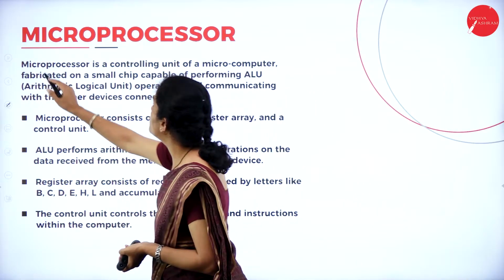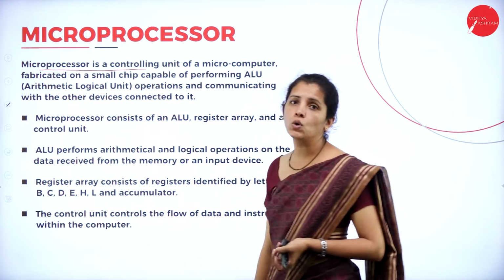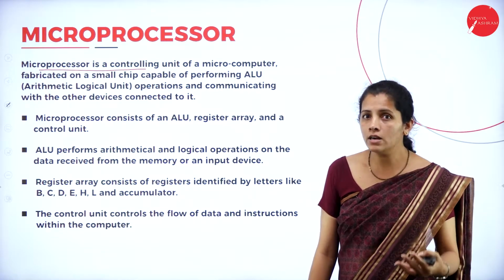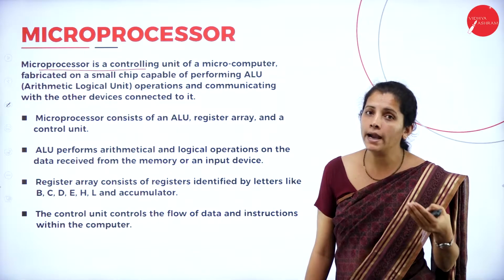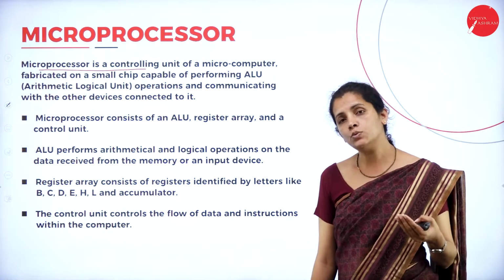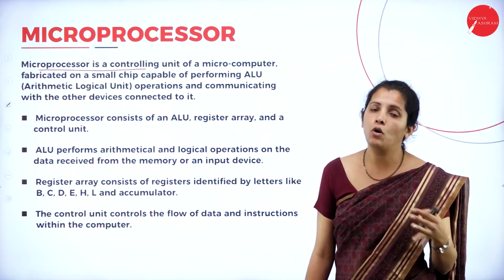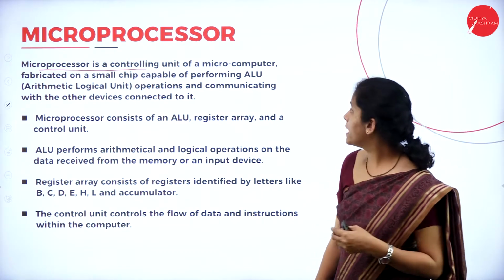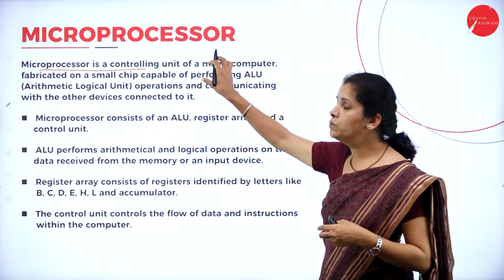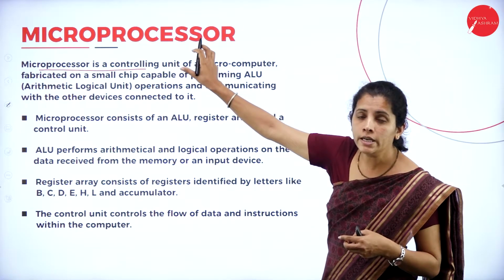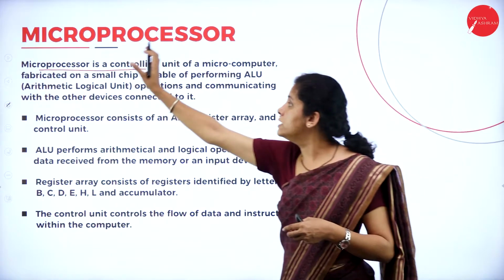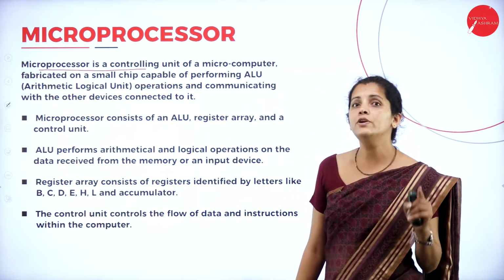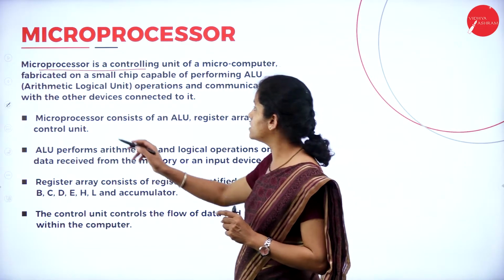So a microprocessor is a controlling unit. That means all the work carried out by the computer system, as well as coordinating all the input devices and output devices, is done by the controlling unit. And which controlling unit? That is the CPU. CPU is nothing but the microprocessor.